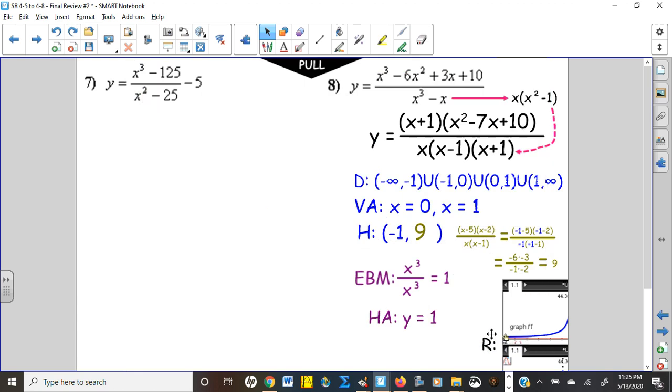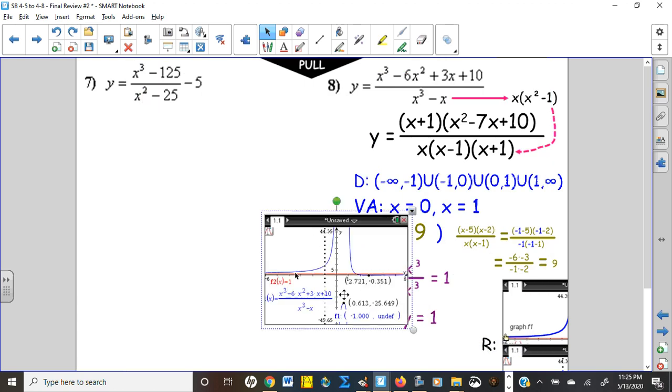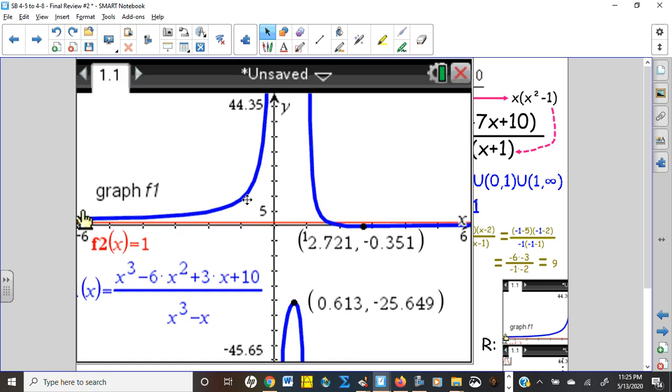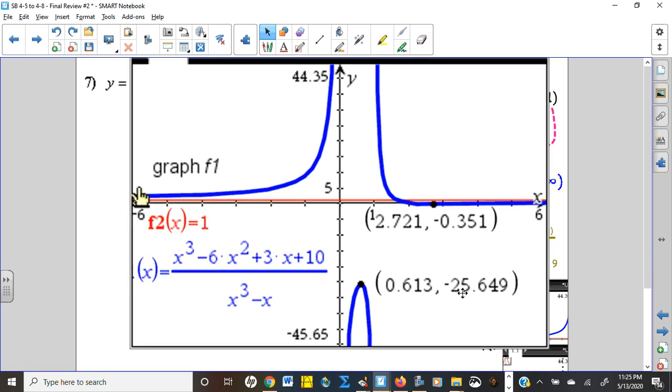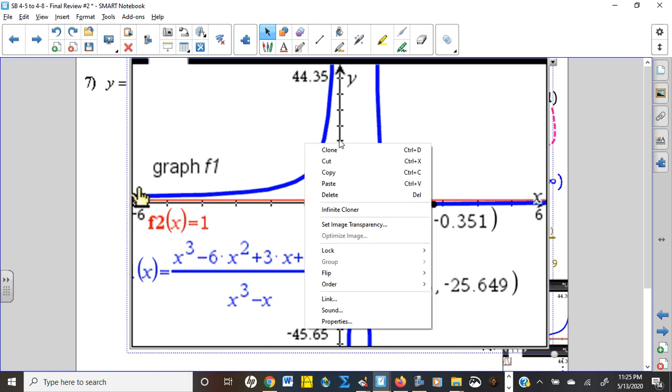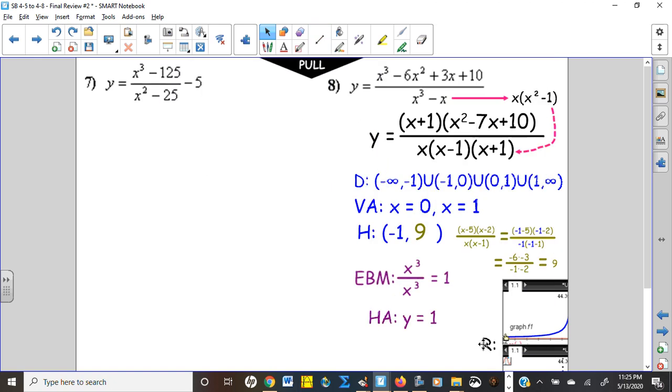And so really what it looks like in general is we just hit all y values from negative infinity up to negative 25.649, and then all y values from negative 0.351 up to positive infinity. And so that's what I wrote here for the range. Okay. It's kind of a convoluted process, and you really can't do range on rational functions without using your calculator.